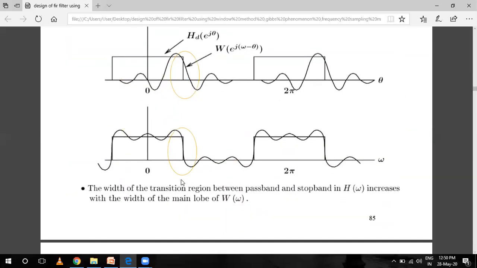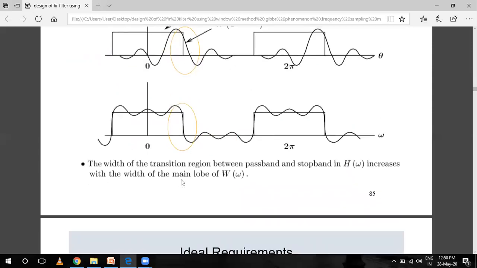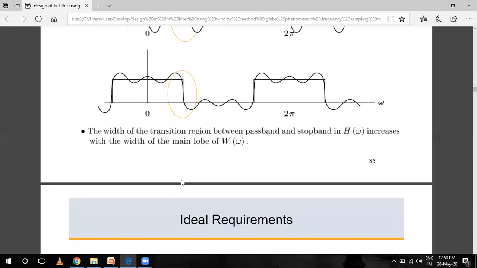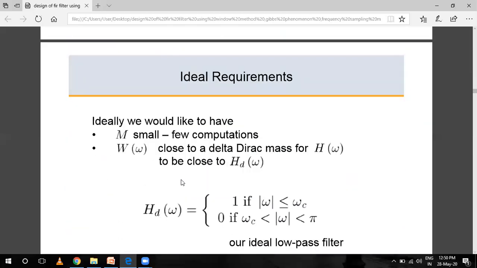The width of the transition region between the pass band and the stop band in H(ω) increases with the width of the main lobe of W(ω). Ideal requirement is what?